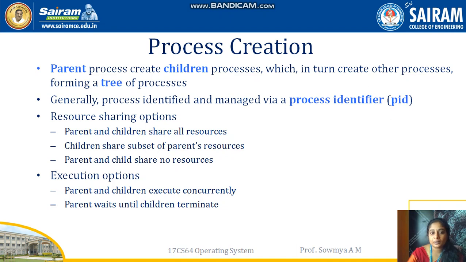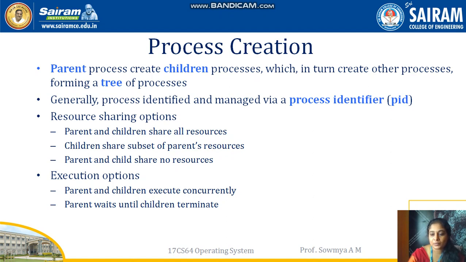To create a child process, we use the fork system call in the Unix method. Every parent process can create a child process, and this structure of child process creation we represent in the form of a tree structure.